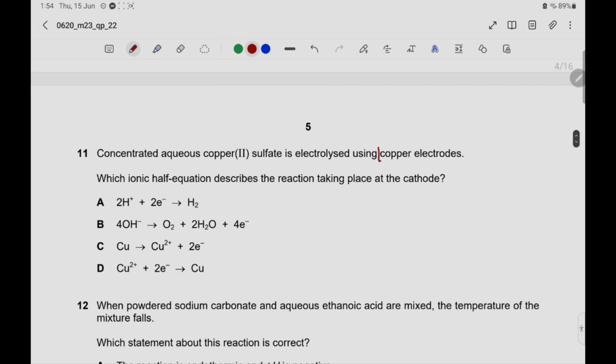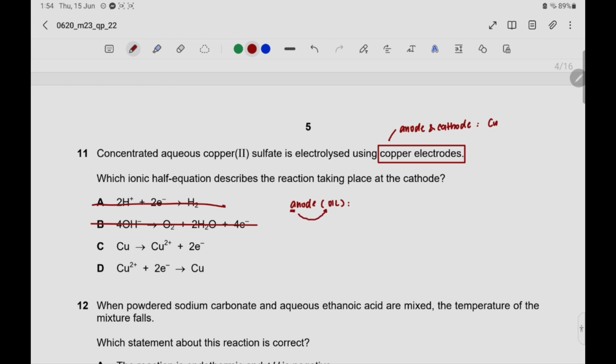Every time you see copper electrode, one thing I teach my students, your anode and cathode is always about the electrode only. Always about copper only. There's nothing else. So A and B are definitely wrong already. Anode always undergoes oxidation. I want you to remember, A student, I will get something, I will win.